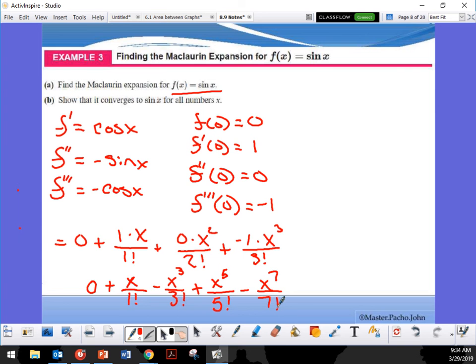Are you guys seeing this or no? Anyone struggling? Patterns, patterns, patterns. Now, can we make a sum?